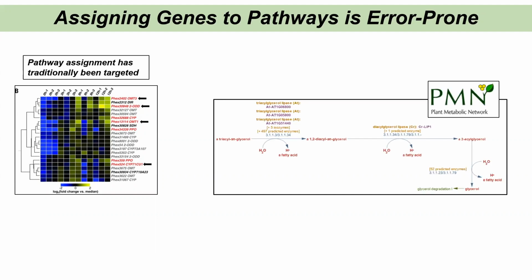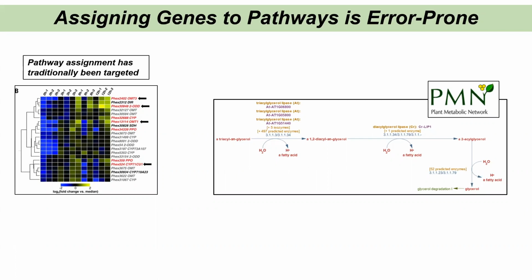However, the untargeted approach, in which we're looking at genes that were predicted to perform enzymatic reactions in a different pathway, is likely yielding a lot of false positive predictions and incorrect predictions.